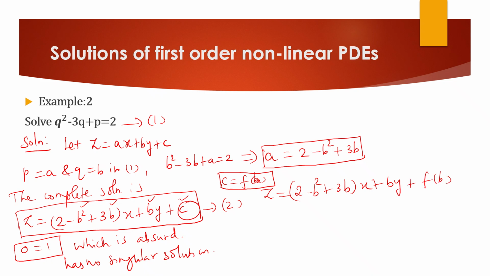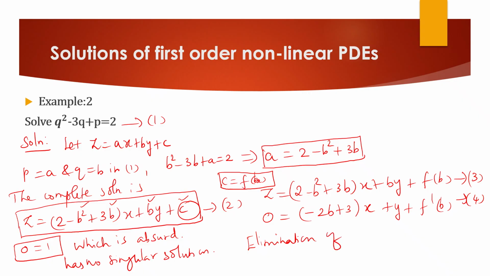So now differentiating this with respect to b, we get the left hand side is 0, and in the right hand side it is minus 2b plus 3 into x plus y plus f dash of b. So the elimination of b from 3 and 4 gives the general solution.